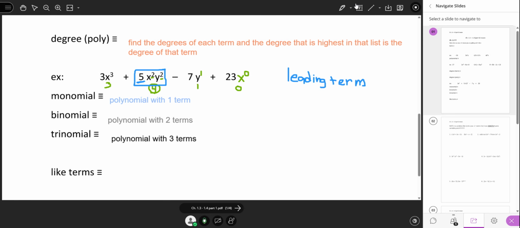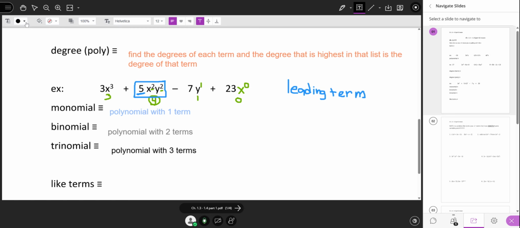Then like terms are terms with the exact same combination of variables with their exponents.